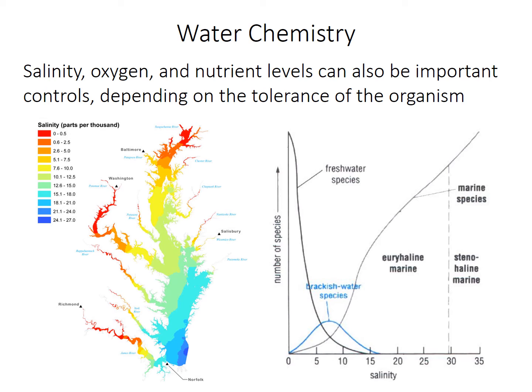So these factors may be very important for some organisms, but other organisms may be able to tolerate a broader range of conditions. So these are the terms in the bottom right, euryhaline and stenohaline. That's what it's referring to, and we're going to talk about those terms in more detail in the next couple slides.